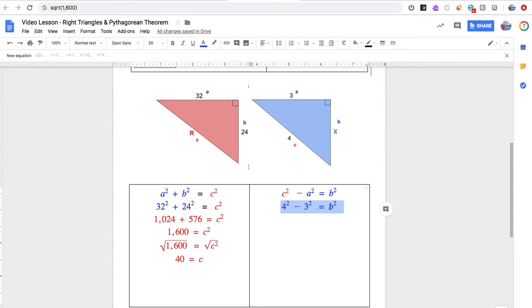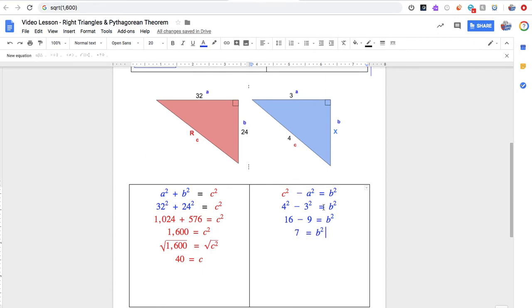It's already set up to solve for b. The two variables we do know are gathered on the same side of the equation. 4 squared gives us 16, 3 squared gives us 9, and that's still b squared. When I do 16 minus 9, I'm left with 7, and that's equal to b squared.